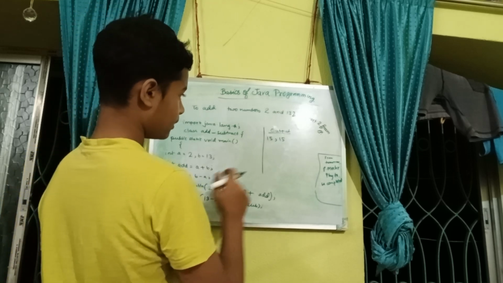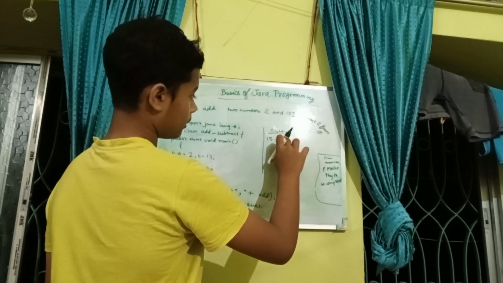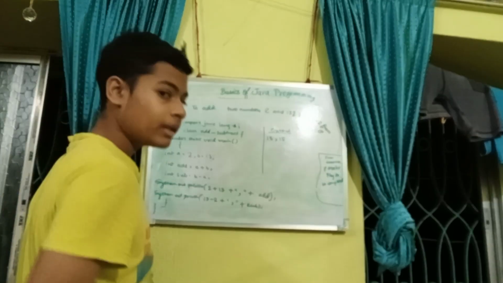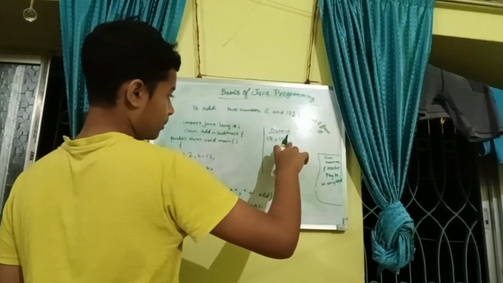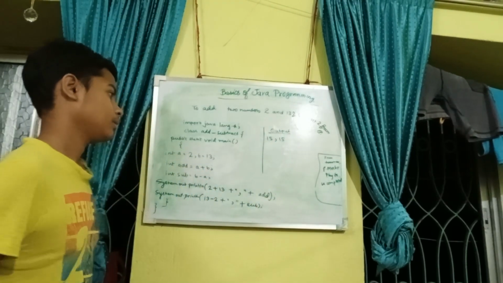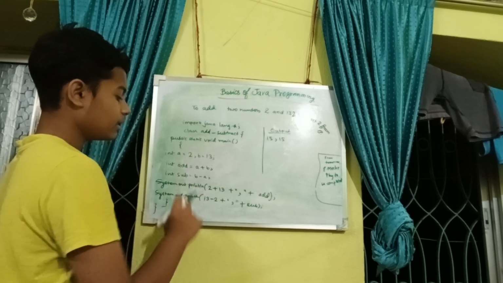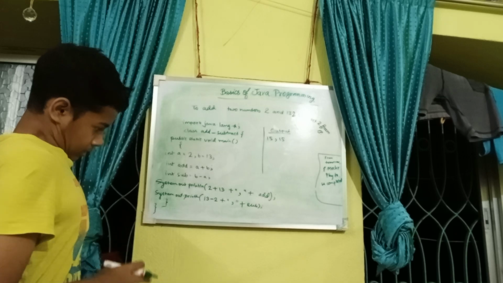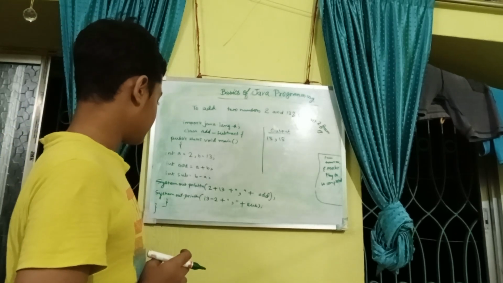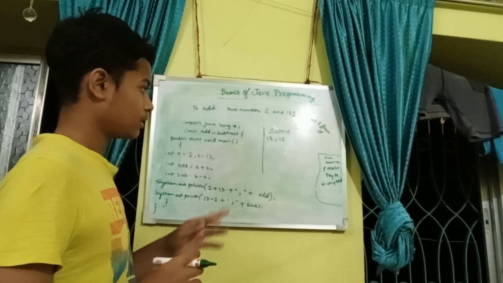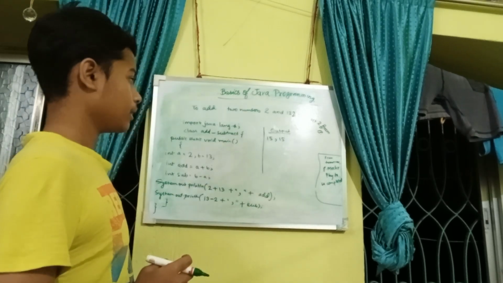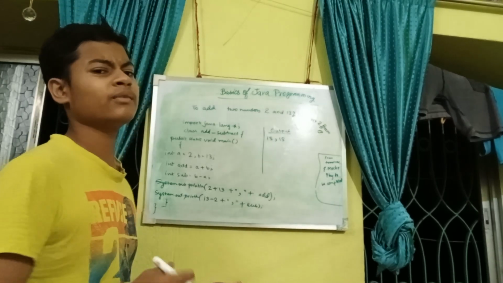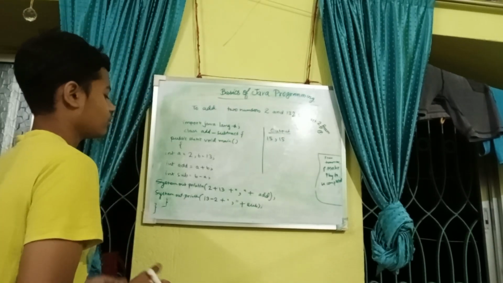With println as it is given, the cursor comes to the next line automatically. If I give print, then the cursor will remain on the same line only. Println means telling the system to print this line, then give enter and print another line.